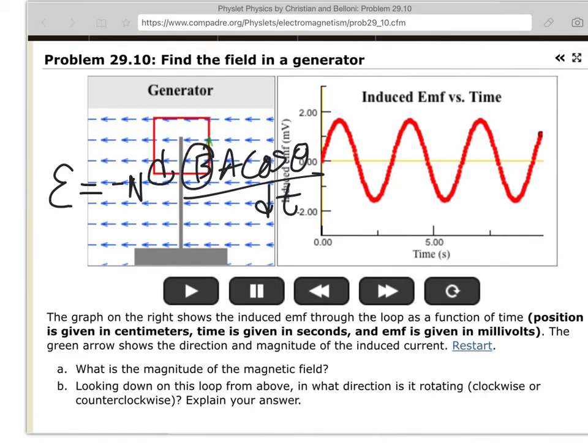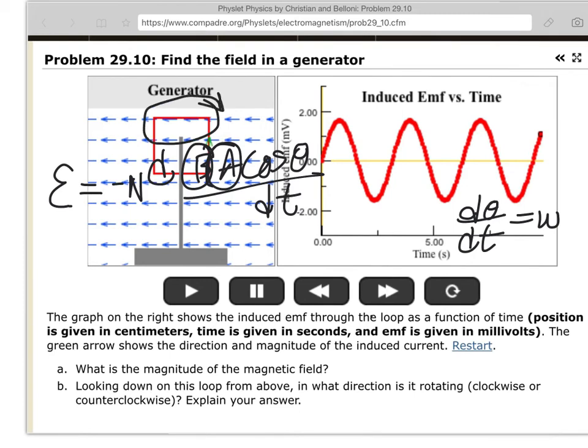Those are the arrows in one direction. The A is constant, actually. It's the theta that's changing. So when we do d theta dt, that's the change in angle with the change in time. That's actually what we learned last semester as omega. It's the rate at which the flux is changing is the angular velocity at which the coil is spinning.